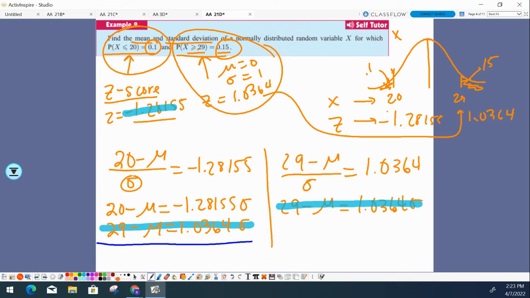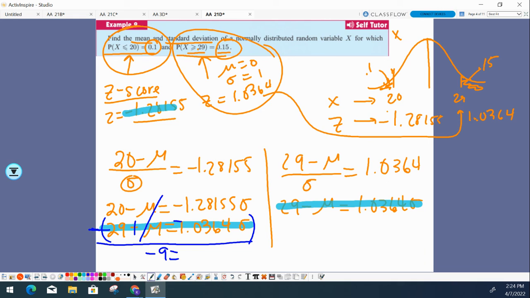And then we're going to subtract it. Because watch what happens. If I subtract this whole equation, it means I got to distribute the negative. So this 29 becomes negative, mu becomes positive, this becomes negative. And when I combine my mu's together, they cancel out. Then I get 20 minus 29 is negative 9.